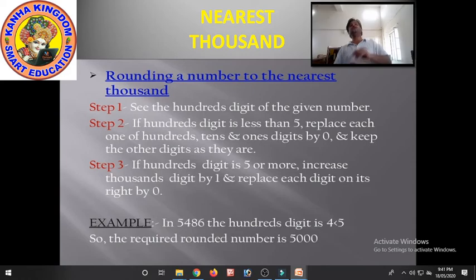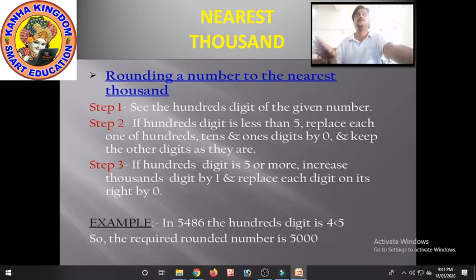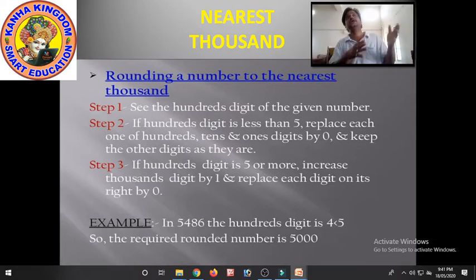Means if the 100s digit is 5 or more than 5, what do you have to do? Increase the 1000s digit by 1, means you have to add 1 to the 1000s digit and replace the other digits on the right-hand side of the 1000s, meaning hundreds, tens and ones, with 0.